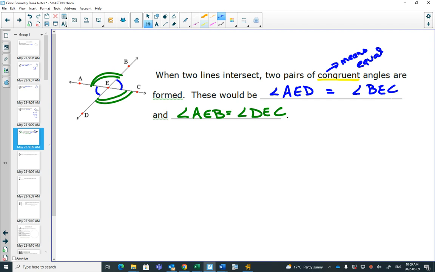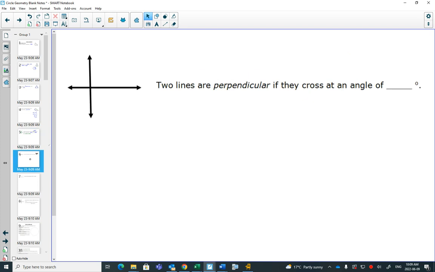Orthogonal also means perpendicular. And some people say right angle. There's another one. We have all these different words for the same thing just to make our lives more complicated. Oh, here we go. Two lines are orthogonal if they cross at an angle of 90 degrees.